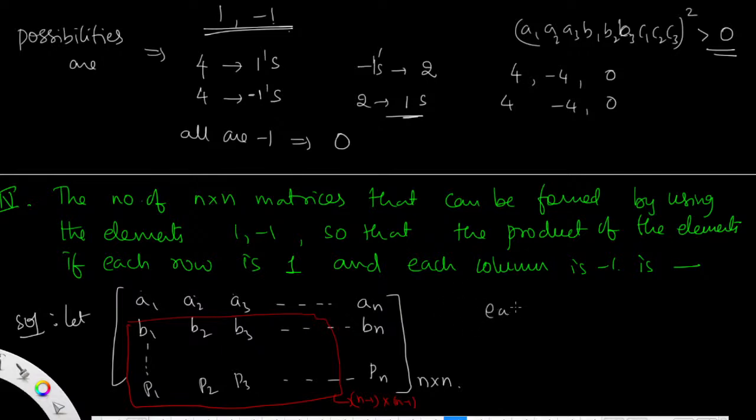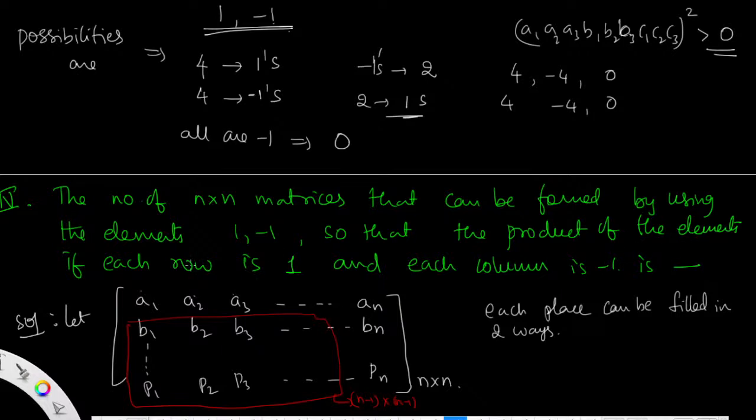Therefore, each place can be filled in two ways, either 1 or minus 1. Here either 1 or minus 1, here either 1 or minus 1, up to an.